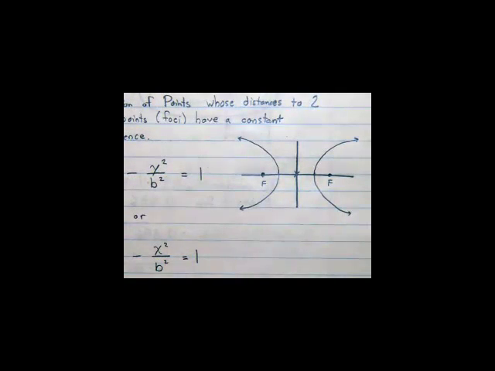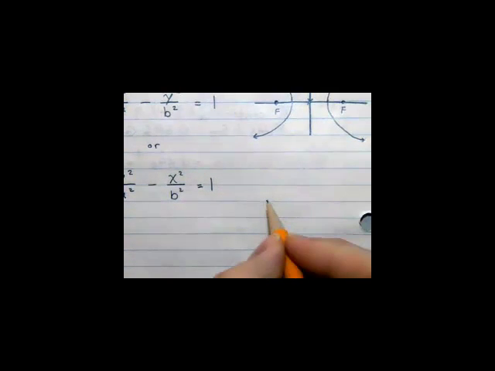Okay, so that's the orientation for an x squared over a squared style hyperbola. Now, if I switch that up and now it's a y squared over a squared, it's probably about what you would expect. Instead of the hyperbola opening left and right, it opens up and down. It looks the same. It's just been kind of rotated up 90 degrees.